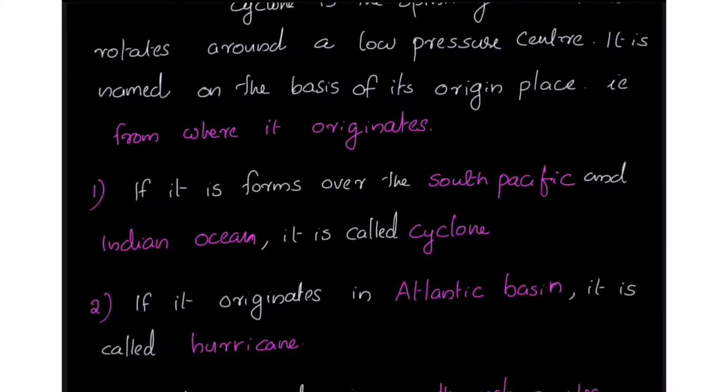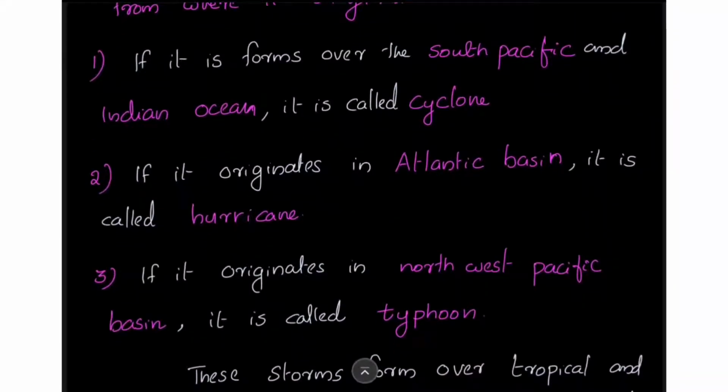If it originates in the Atlantic basin, it is called a hurricane. And if the spinning storm originates in the Northwest Pacific basin, it is called a typhoon. These are the three spinning storms, that is cyclone, hurricane and typhoon.